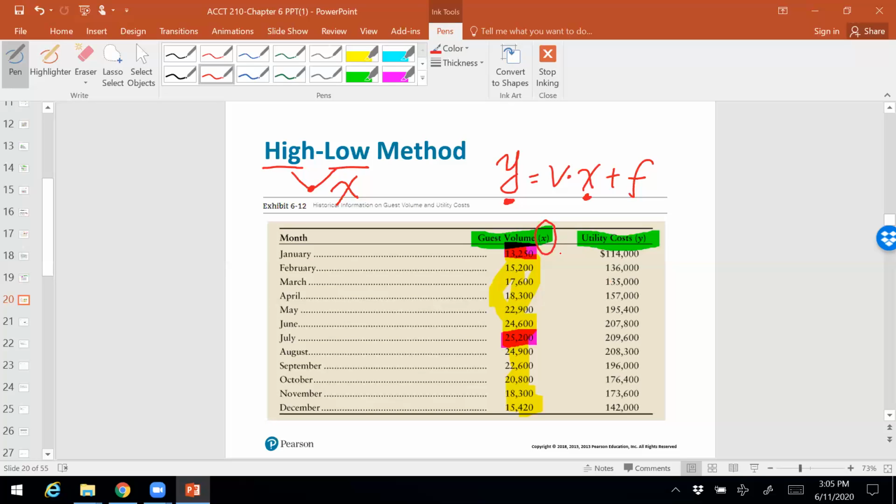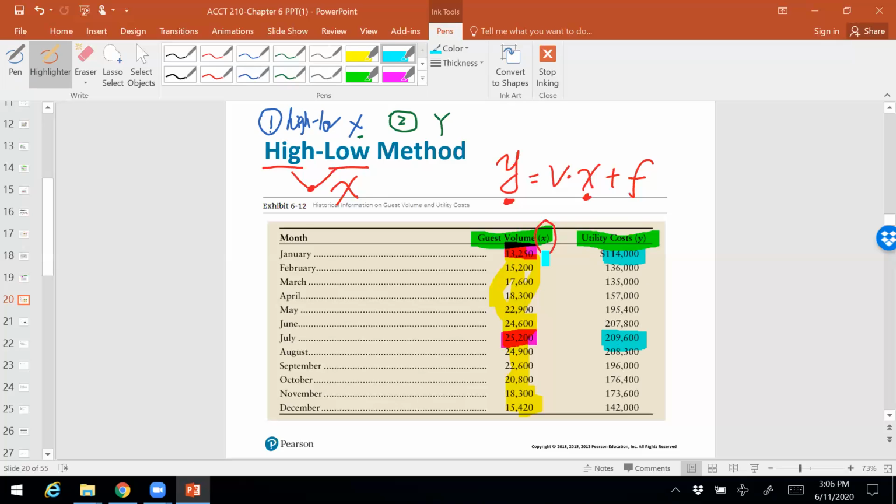So your first step, I put it here, is the high and the low X, high and low in terms of the X. And then your second step: once you get the X, now you can look at the Y. First we focus on the X, and then we find the related Y. If you look at the right side, the high X is related with this Y, and the low X is related with this Y. So it may not be the highest and lowest Y. It may be, but it doesn't matter.